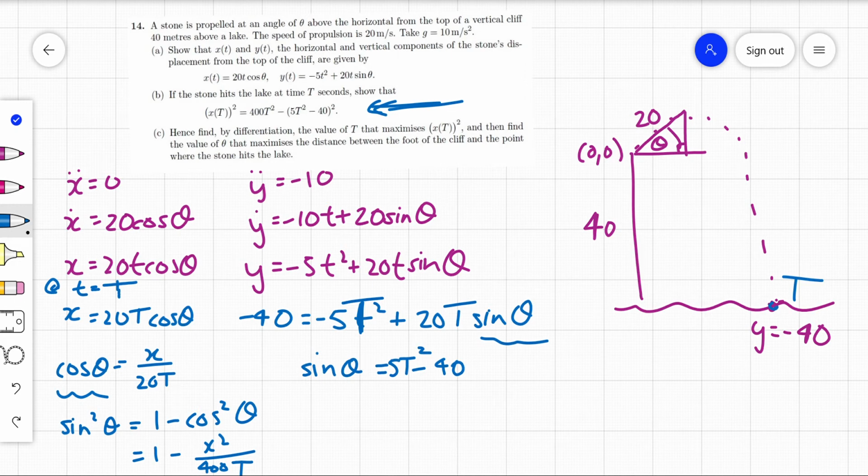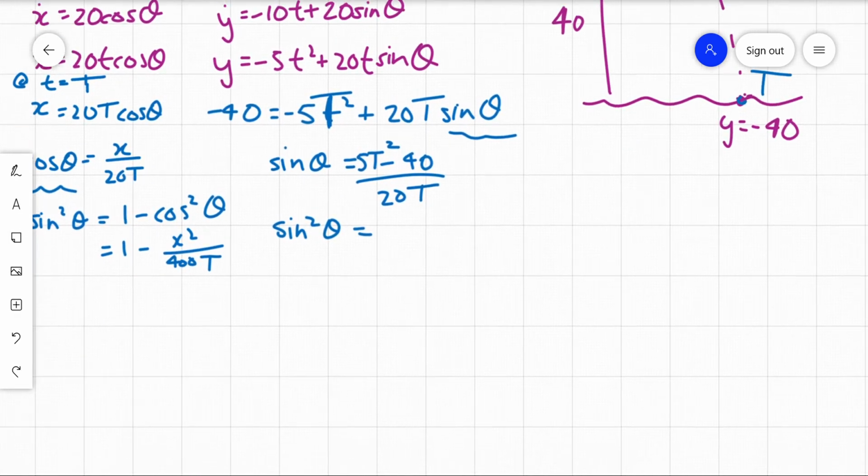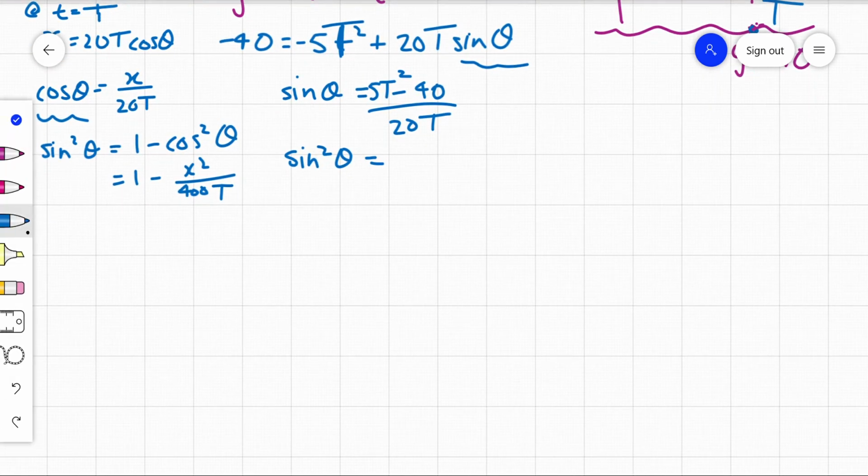We've still got the minus 40, and then we would divide by the 20T. So you can see that sine squared theta would be 5T squared minus 40, all that squared, on 400T squared.